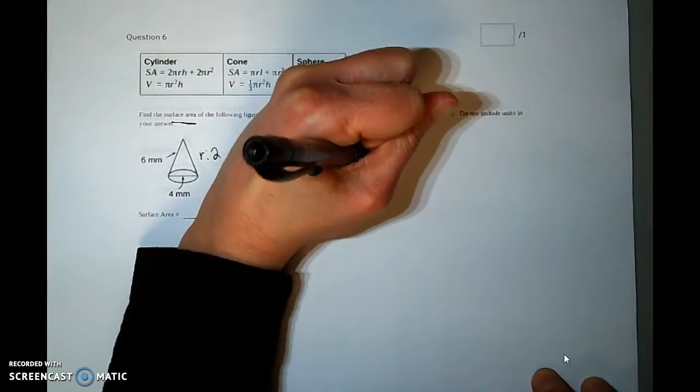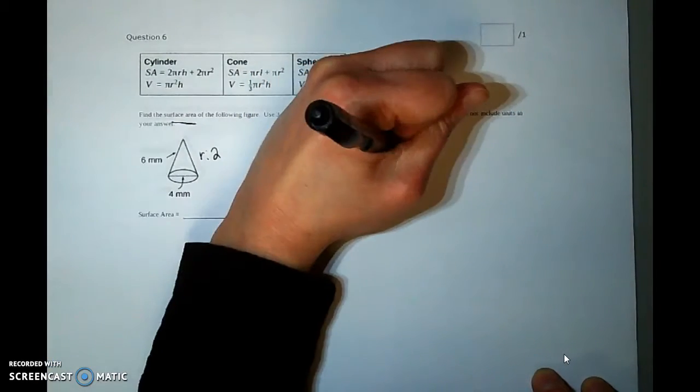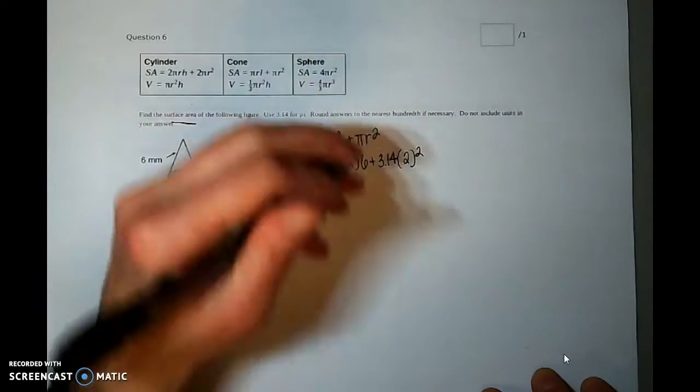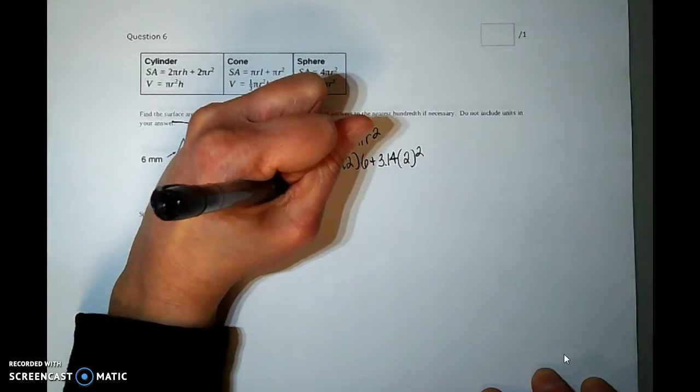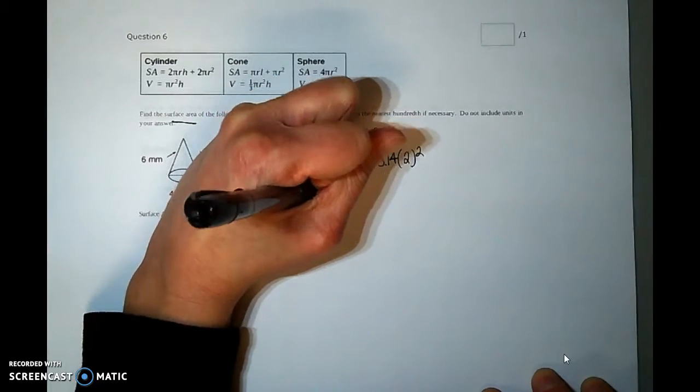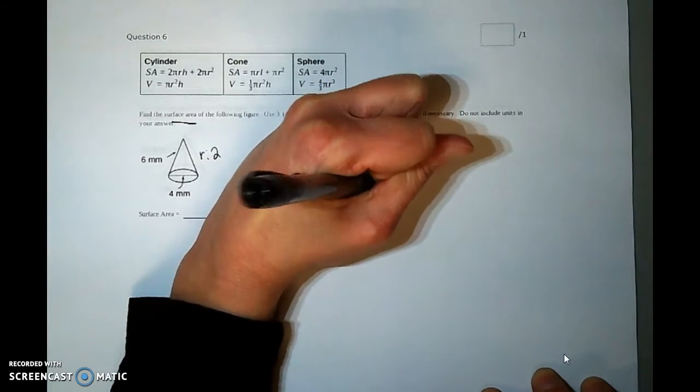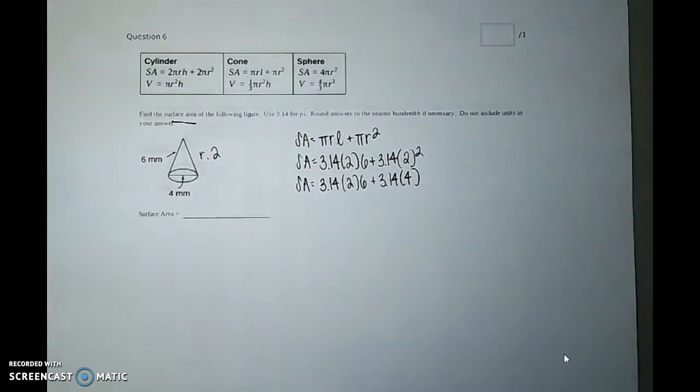So I replace each of my variables with the correct number. And then just like the last one, I have an exponent, so I have to do that first. 2 squared gives us 4. So now, everything else looks exactly the same, but I changed 2 squared to 4, and I'm ready to multiply.